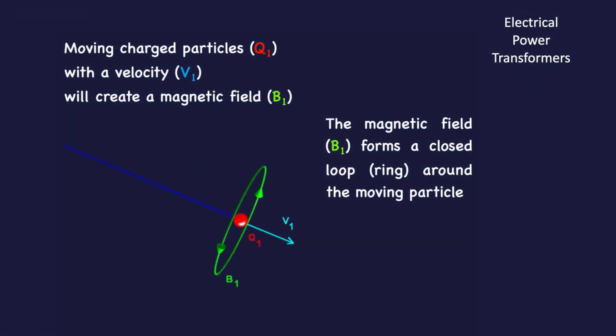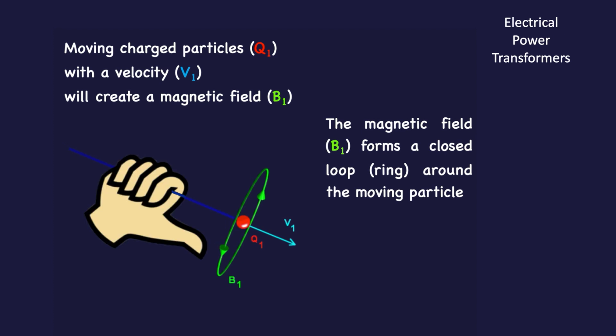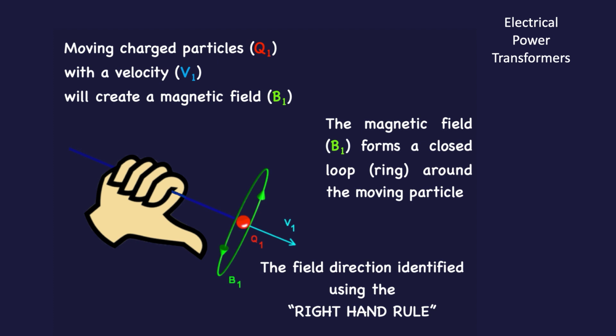And this model of a magnetic field, as I said, has some direction. And in order to find out the direction of that magnetic field, we use what they call the right-hand rule. The field direction is identified by using our right hand and having our thumb point in the direction of the charged velocity.